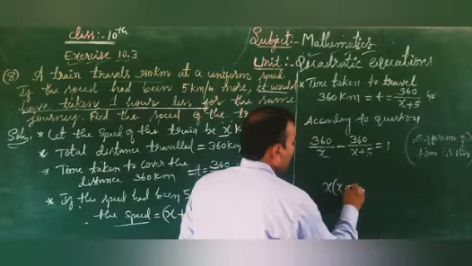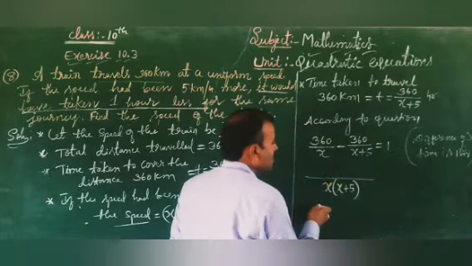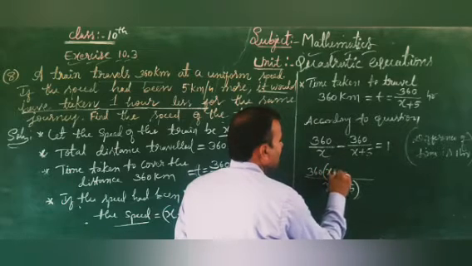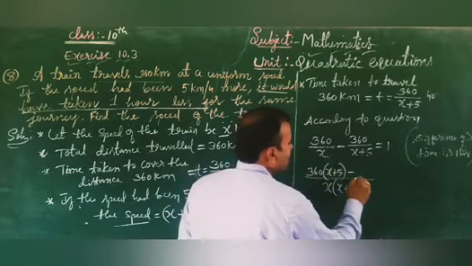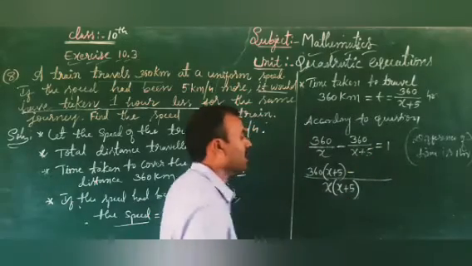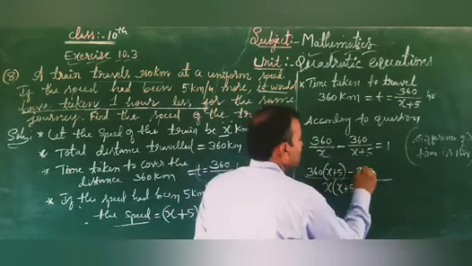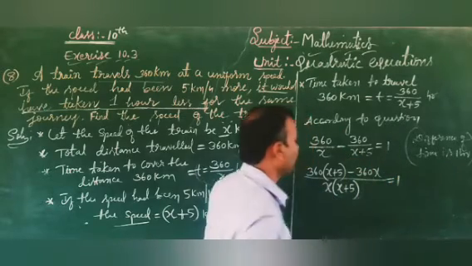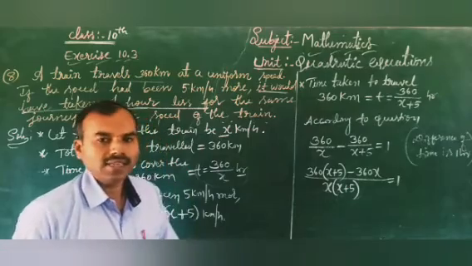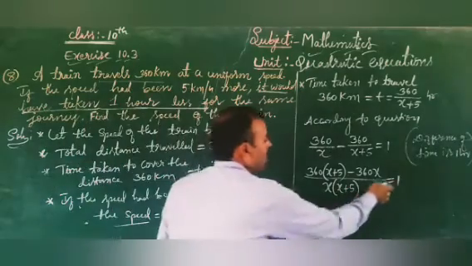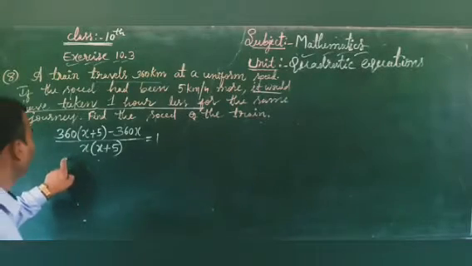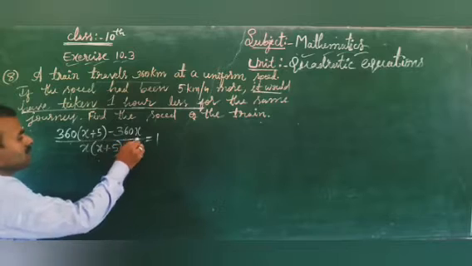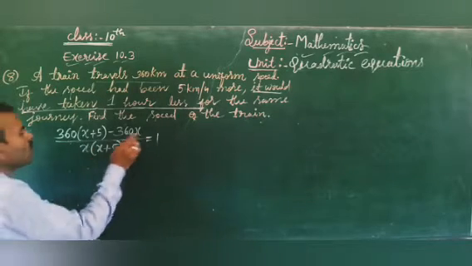It is equal to 360 into x plus 5 minus 360 into x, by x into x plus 5, equals 1.